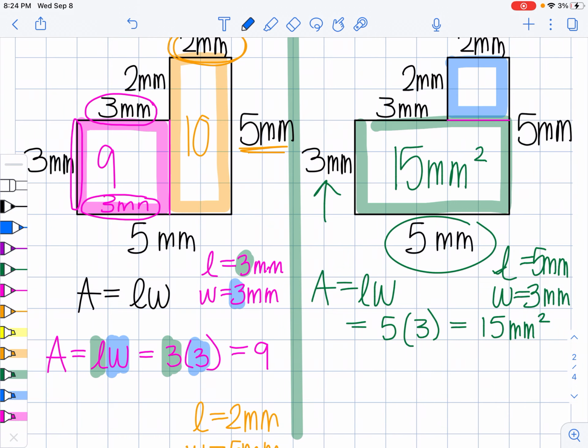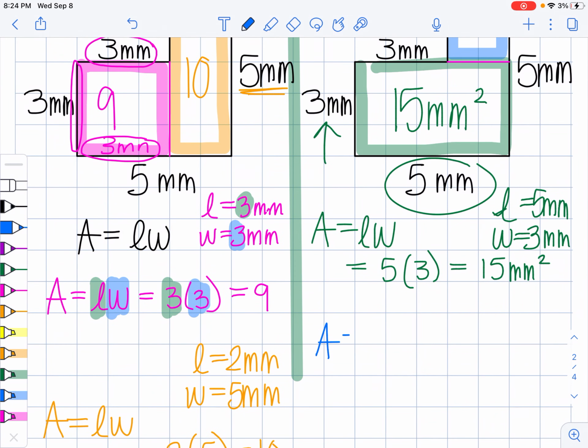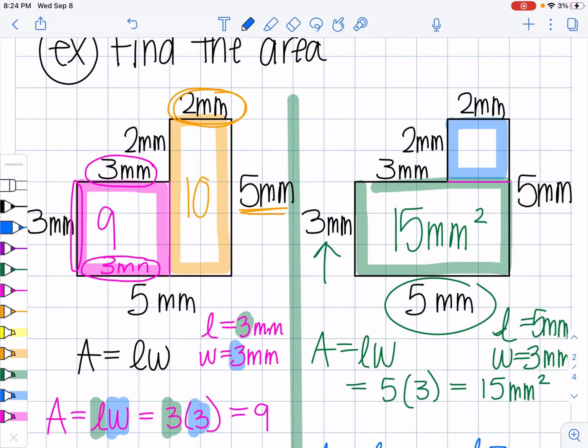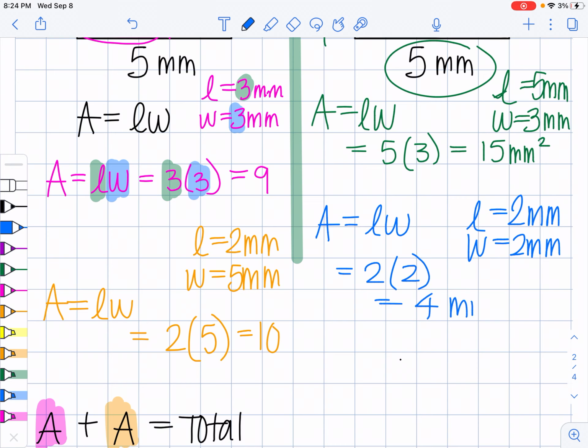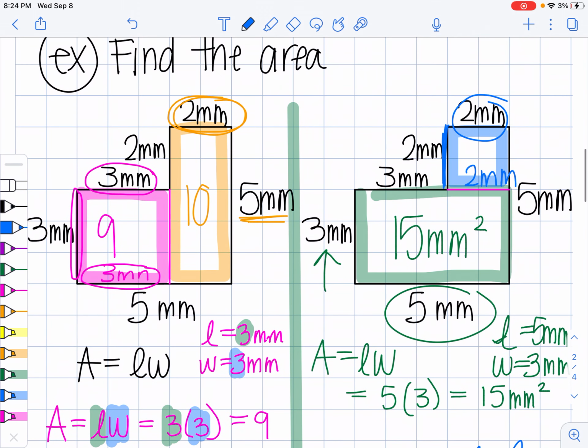And now I have to find my blue one. My blue area is length times width. My length is 2. Remember, it's the same as on the top and on the bottom, 2 millimeters. And my width right here is also 2. So I have length 2 millimeters, width 2 millimeters. I plug them in, and 2 times 2 is 4 millimeters squared. So I'm going to write this in here.